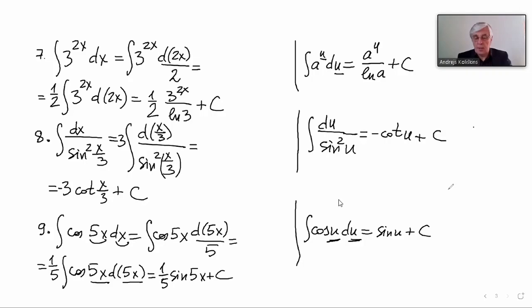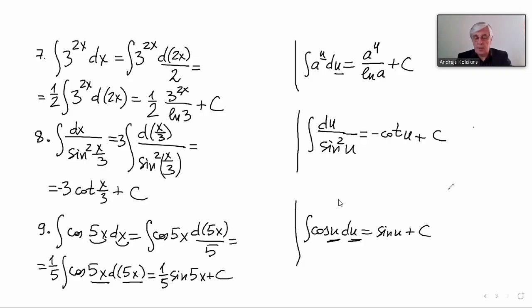So what I did, I multiplied by 2. I need to divide by 2 to make this formula correct. But then this constant can be added without any further changes. So therefore, the result is 1/2 integral of cosine 2x minus 7 times differential of 2x minus 7.